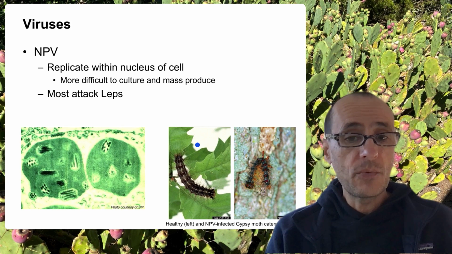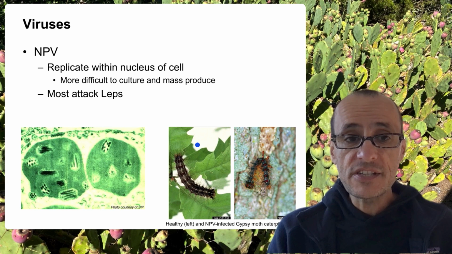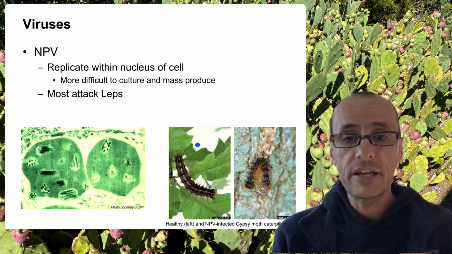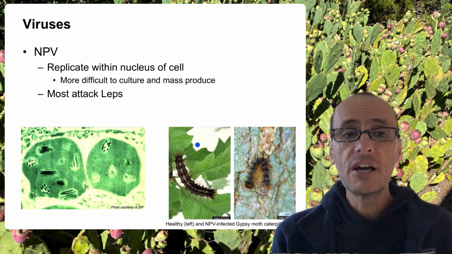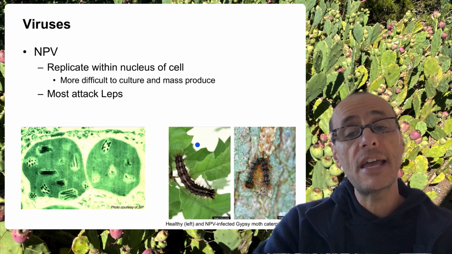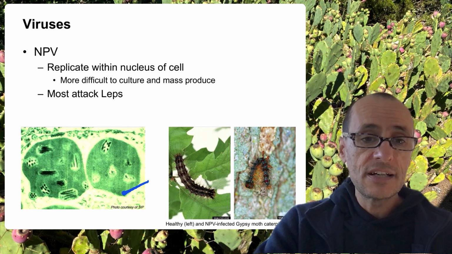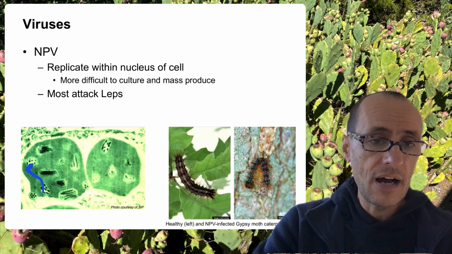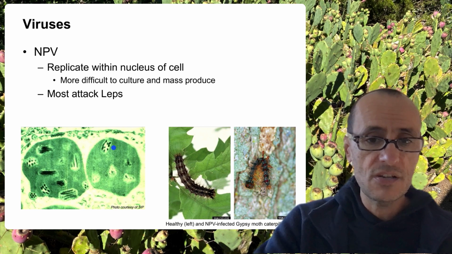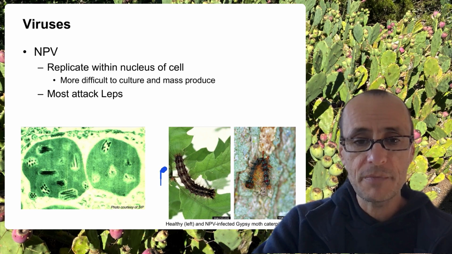The final group I want to talk about is viruses. There are many different kinds. Nuclear polyhedrosis viruses, NPVs, replicate within the nucleus of a host. And here you can see some of these occlusion bodies. These are the virus particles that you can see through electron microscopy.